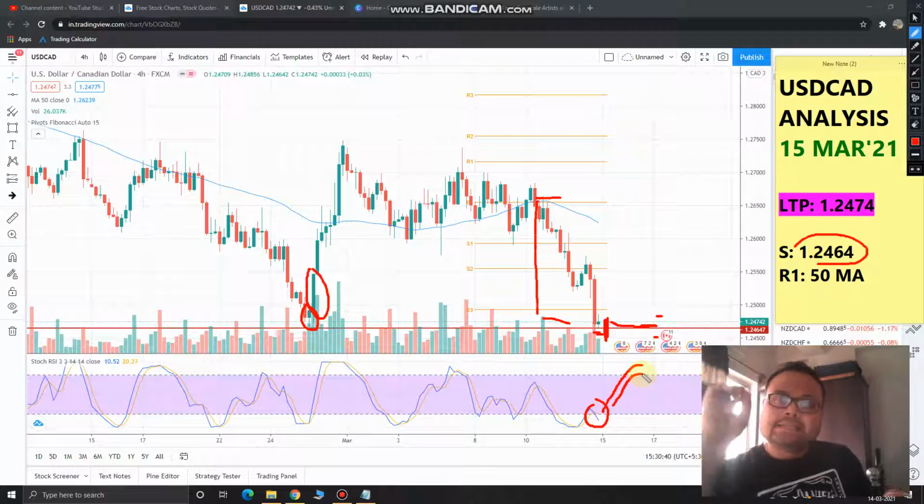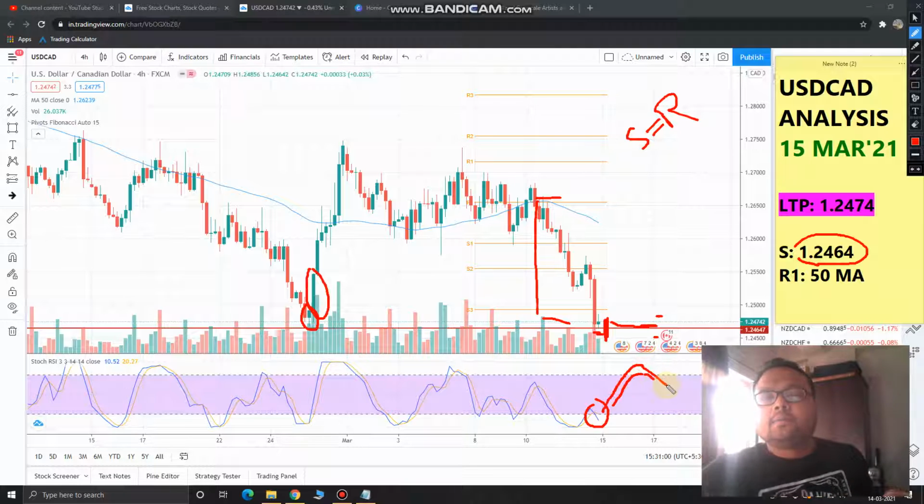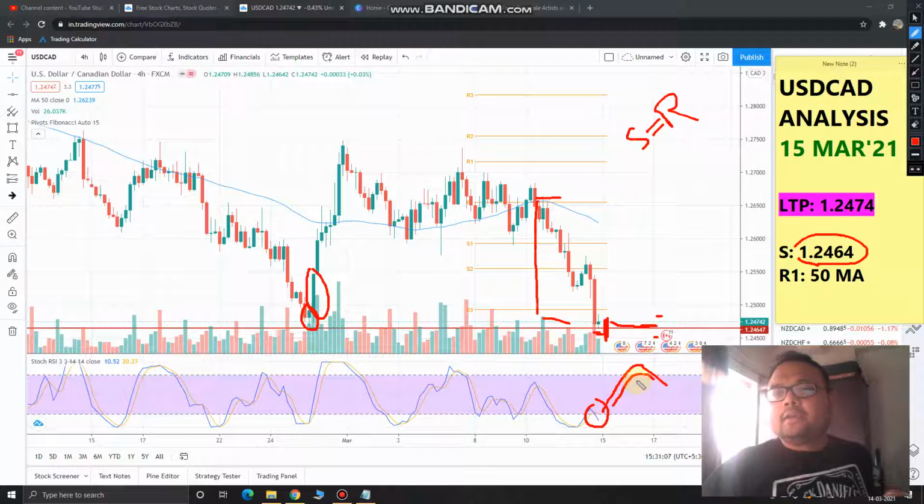If you see that the price is still trading below the support level, which was at 1.24, then it will be clear that the support has become the resistance. In that case, when stochastic RSI is ready to go down again, just short the market below this line.